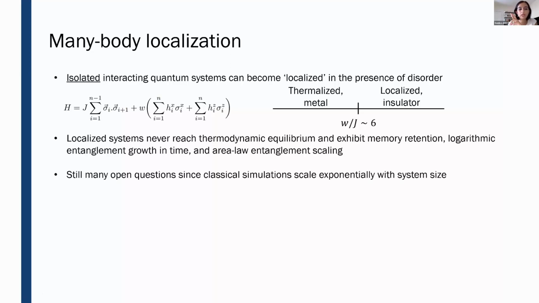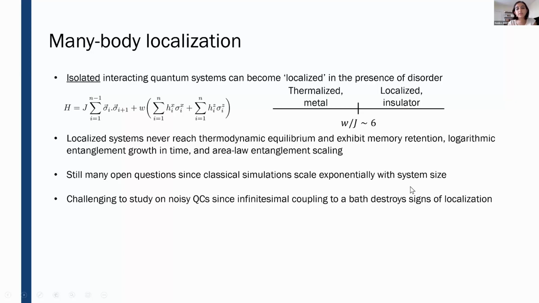And for this many-body metal-insulator transition, there are still many open questions because classical simulations scale exponentially with system size. However, it's also very challenging to study on noisy quantum computers because, in this localized phase, if you have any noise in the system, you're basically going to destroy any sign of localization.